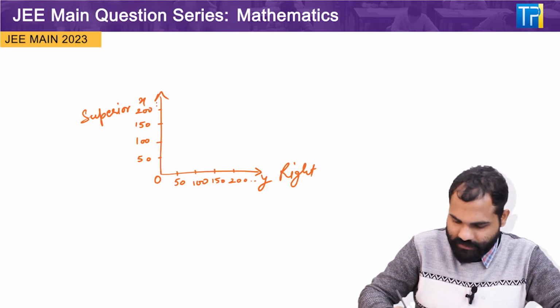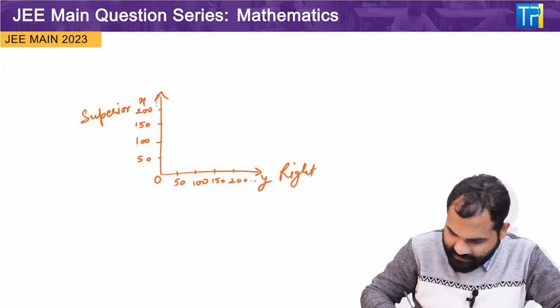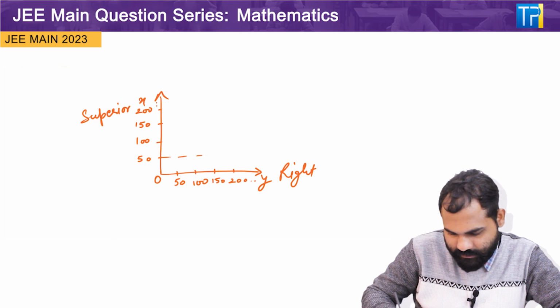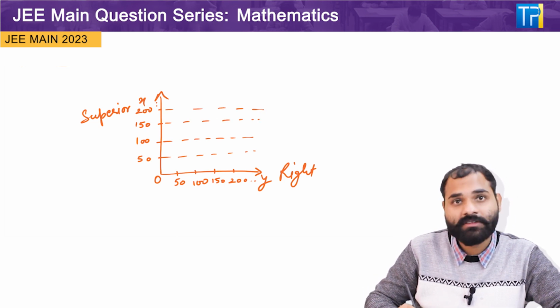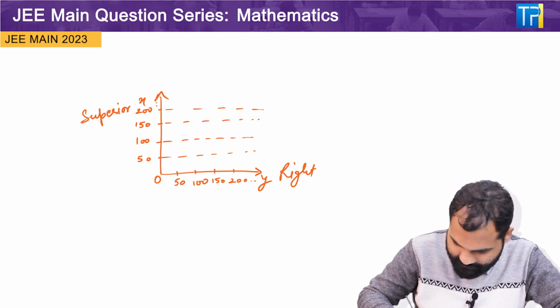So there are graph lines 50, 100, 150 and 200. Same like the x-axis, we have the y-axis.